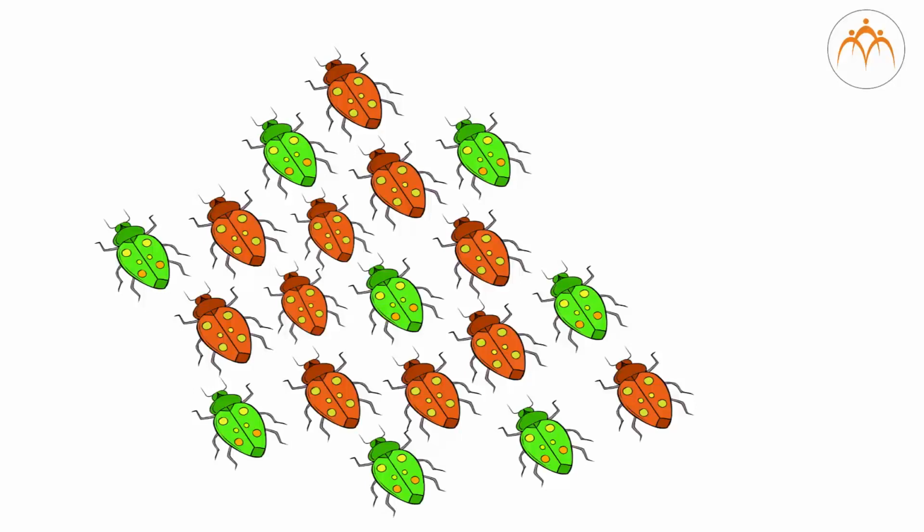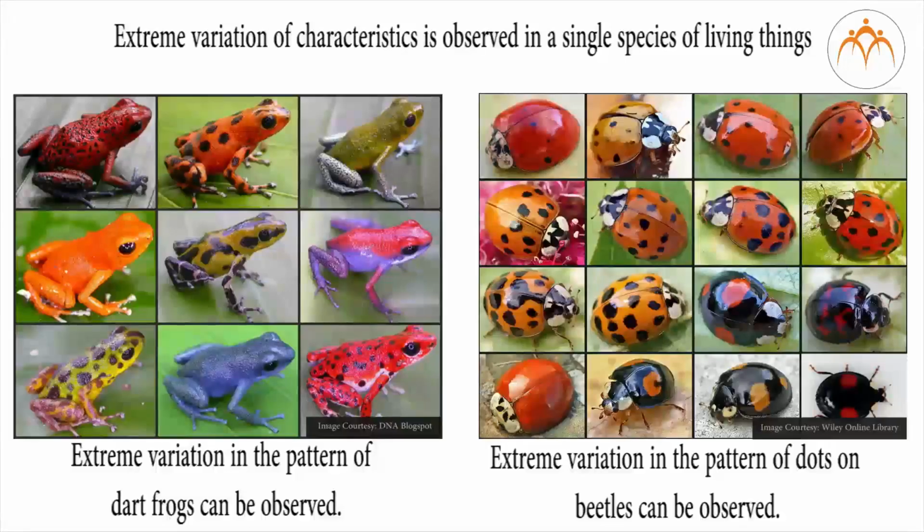Individuals from the same species, from the same population, show variation in characters, exactly as beetles in our example vary in their color. In these pictures, you can see some examples of extreme variation in nature. See how the same frog species and same beetle species show extreme variation in their colors.